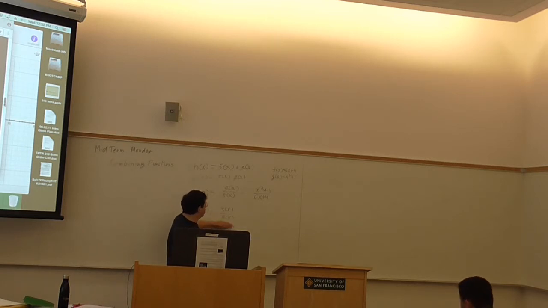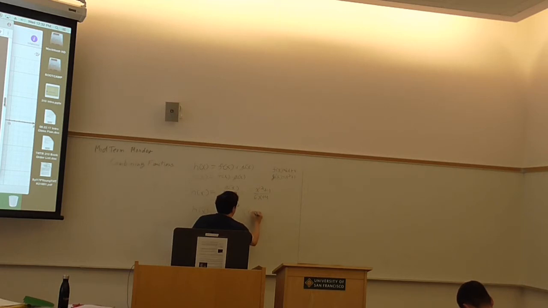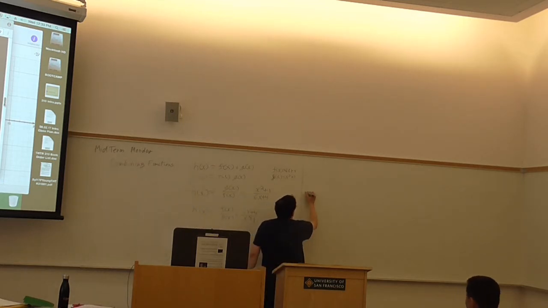Because if I had done this, and I have 6x plus 4, x squared plus 1, there's no problem, right? There's no problem because the denominator can never be 0 here, right? But in this example, there is an x for which the denominator is 0. What's that? It's x equals negative 2/3.